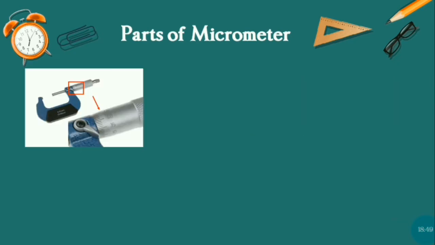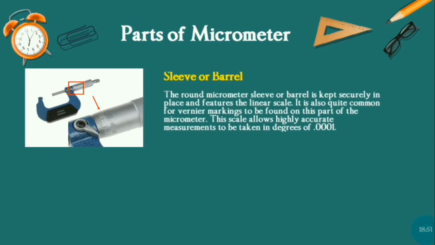Next, let us proceed to the sleeve or barrel. The round micrometer sleeve or barrel is kept securely in place and features the linear scale. It is also quite common for vernier markings to be found on this part of the micrometer. This scale allows highly accurate measurements to be taken in degrees of 0.001.